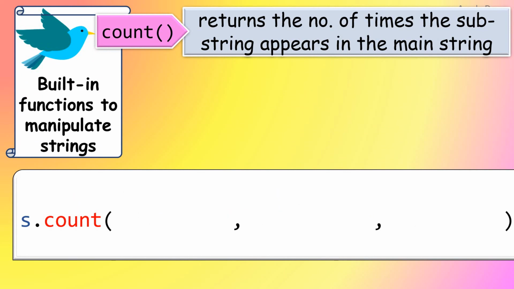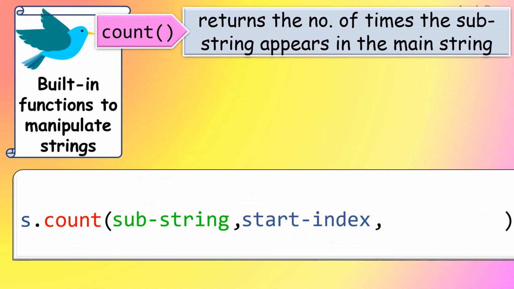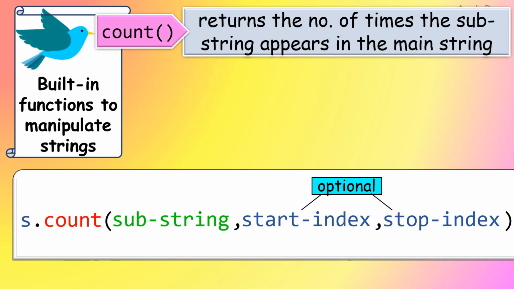Therefore, the format or syntax of the count function is s dot count, and the count function can take 3 parameters. First one is the substring, second is the start index, and third is the stop index. Start index and stop index are optional.